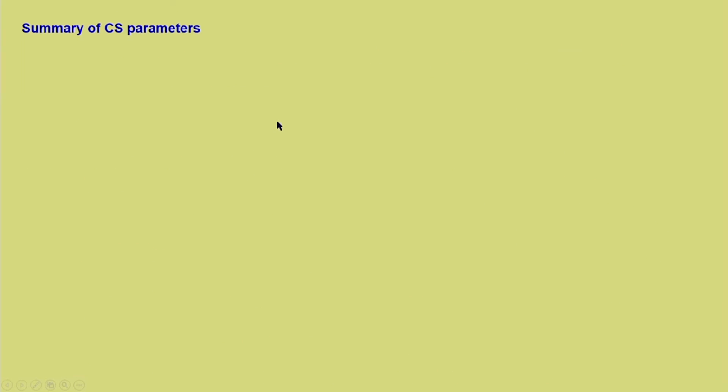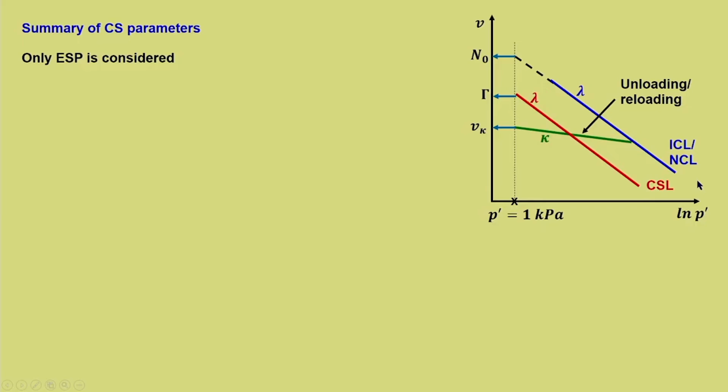So, a summary of critical state parameters. In the name of introducing critical state, we have discussed quite a lot of things in these two lectures. But what is very essential as we move forward is this summary. Only the effective stress path is considered.